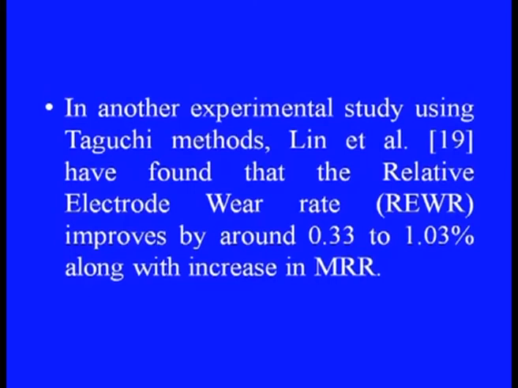In another experimental study using Taguchi methods, Lin and his co-researchers have found that the relative electrode wear rate improves by around 0.33 to 1.03% along with the increase in material removal rate.